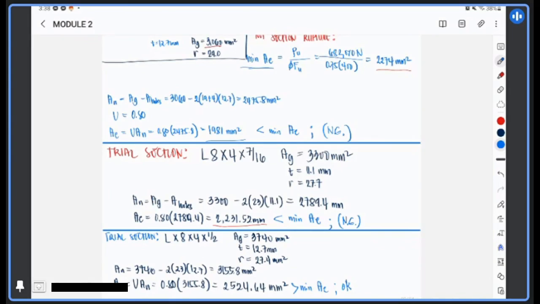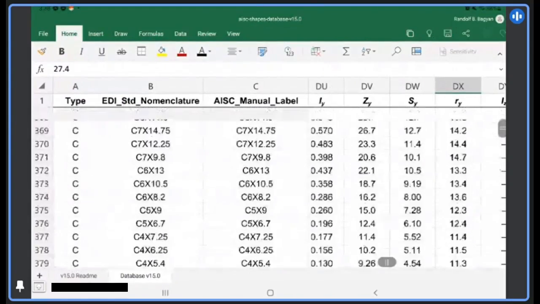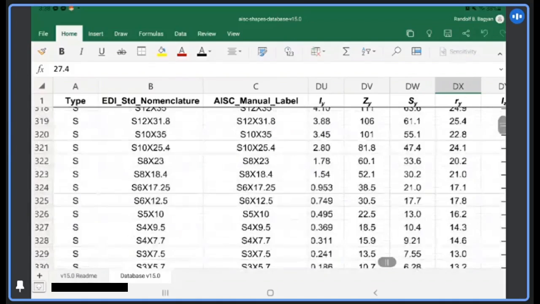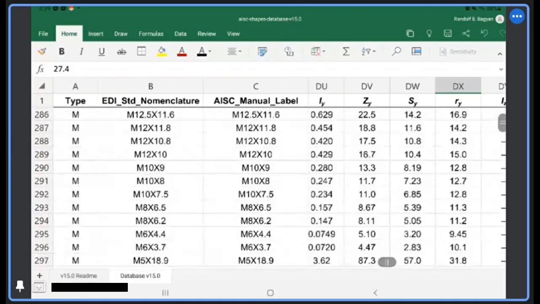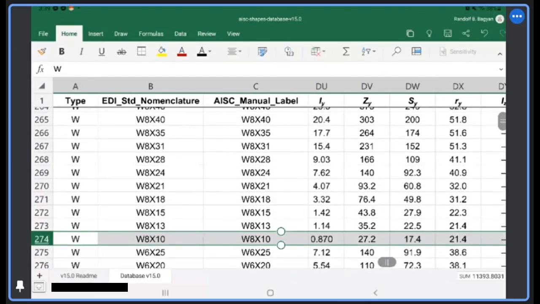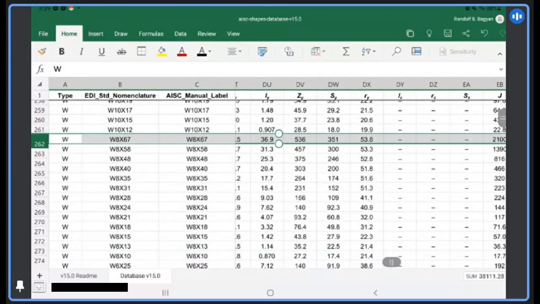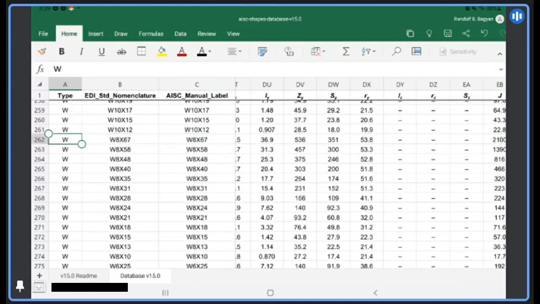For example, choose the most suitable W8 section, para titingin lang kayo guys doon sa W8. Kung doon lang yung nililimit ko na pagtingnan nyo, doon lang kayo pipili ng design section nyo. Saan ba ang W8? Ito lang.